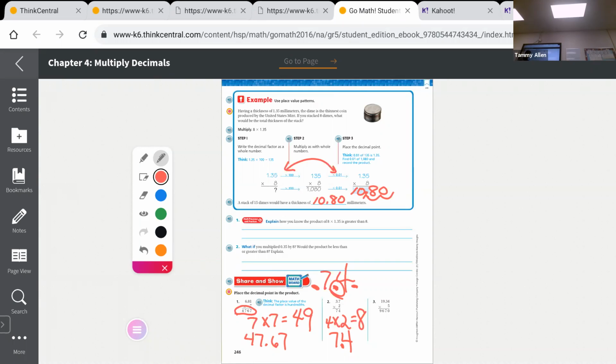Take a look at this one. What would I round 19 and 34 hundredths to? 20. 20 times 5 equals 100. I have a 9670. Where is my decimal point going to be if I want my number to be close to 100?